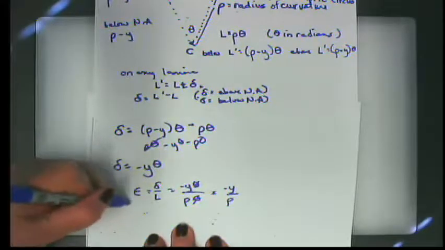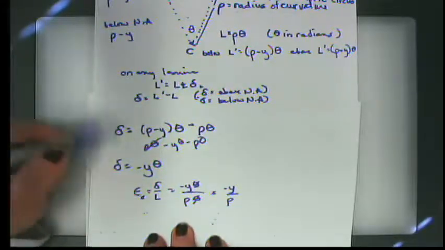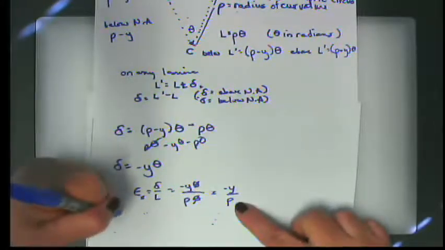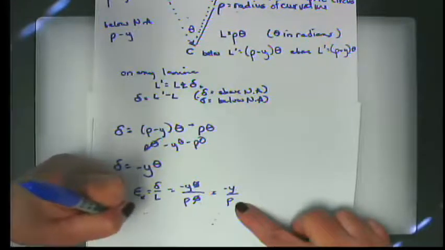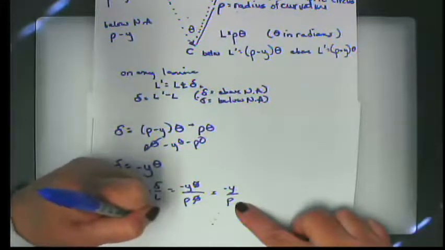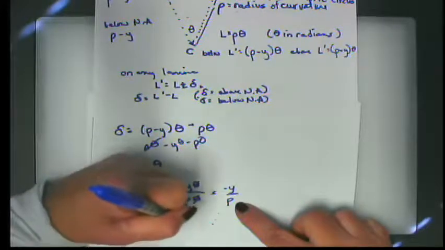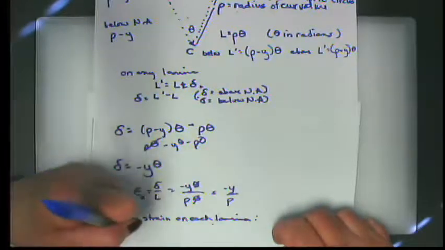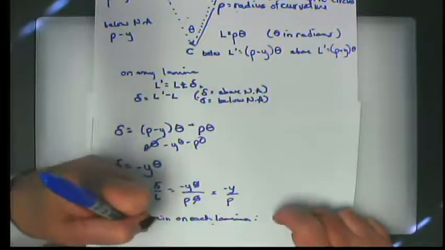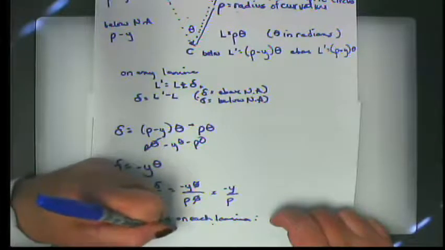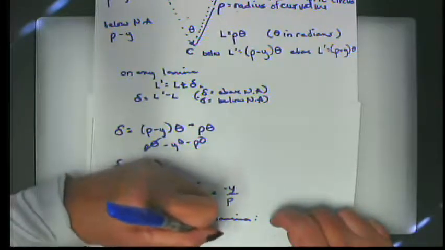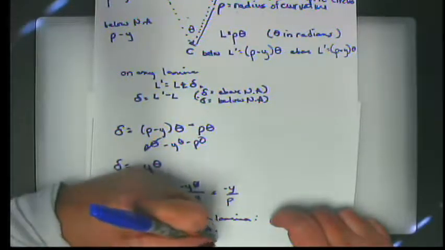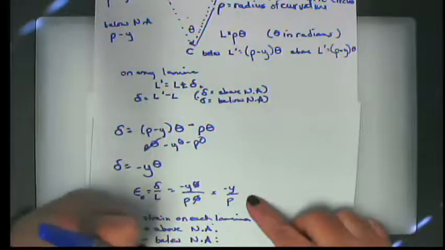And so we get then that epsilon in the x direction is equal to minus y over rho, which basically tells us that the strain on each lamina is positive above the neutral axis, is negative below the neutral axis, and further is proportional.